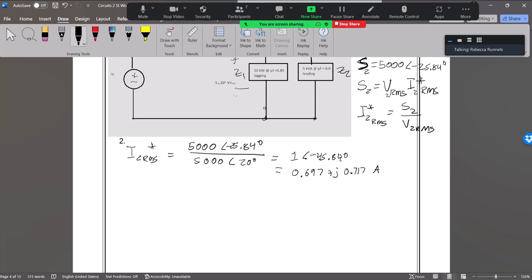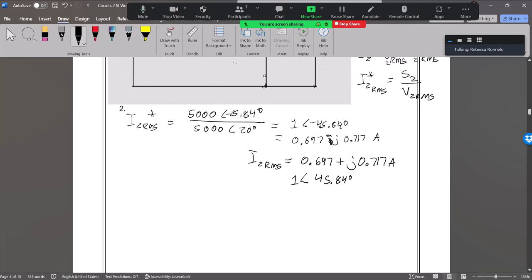So that is I conjugate, and so I RMS, taking the conjugate of it, is 0.697 plus j0.717 amps, which is 1 angle positive 45.84 degrees.